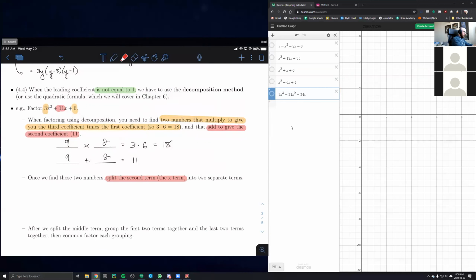So I have 3x squared plus 11x plus 6. I'm going to take this middle term and rewrite this equation, but I'm going to split the middle term up based on the numbers that I found in the first step. So I'll have 3x squared plus 9x plus 2x plus 6.